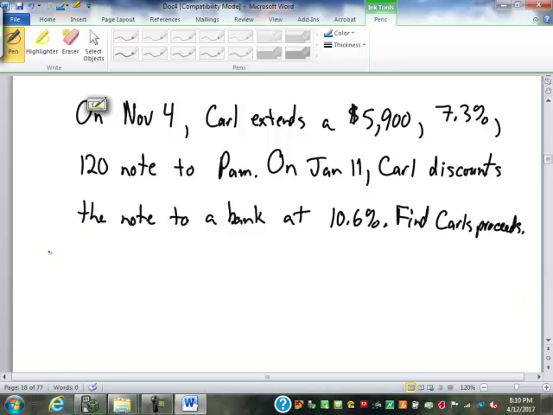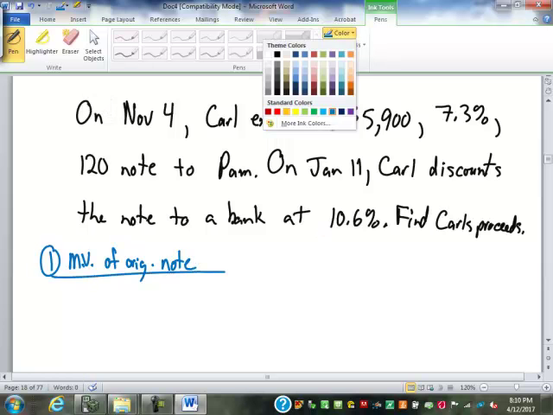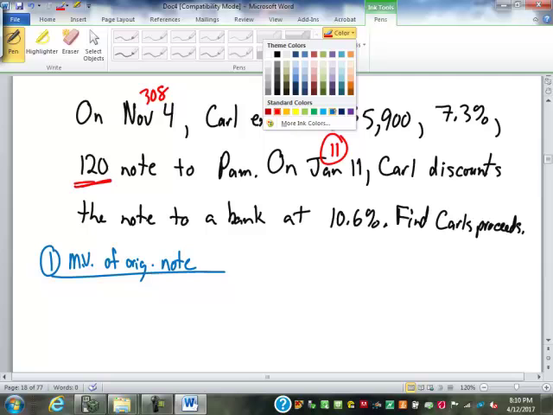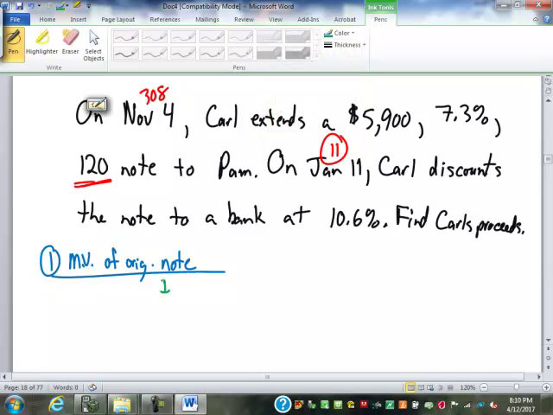Let's go over it. Step 1, maturity value of the original note. Now, part of the difficulty here is we need some dates. So can somebody give me the date for November 4th? 308. Let's see. January 11th, of course, is 11. We do know the original note is 120 days. So we gave you that. Makes it a little easier.